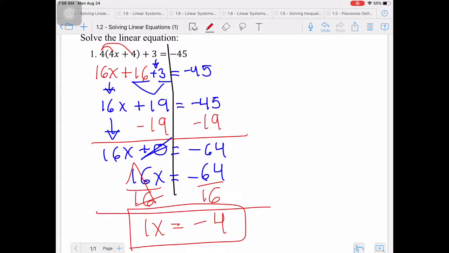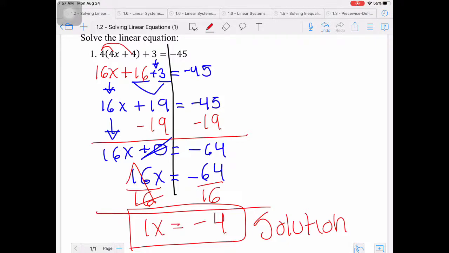That means the solution to the equation is negative 4. Now, one last thing. When it comes to linear equations, there's one thing that we often don't really talk about: what does that negative 4 mean? That negative 4 means that when x is negative 4, those two expressions equal each other.